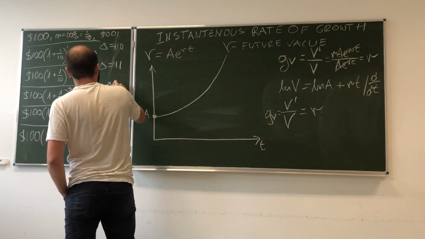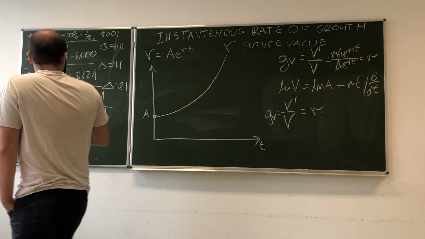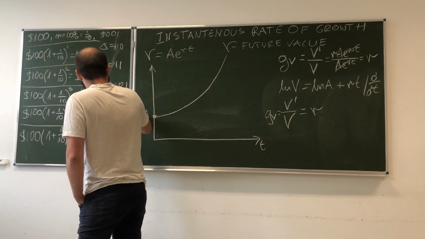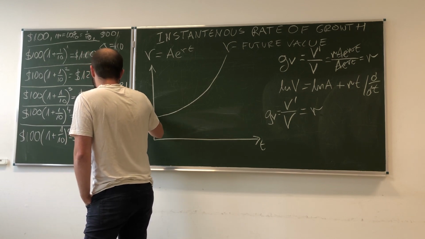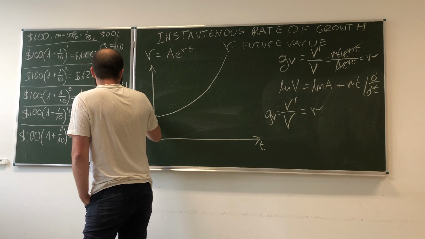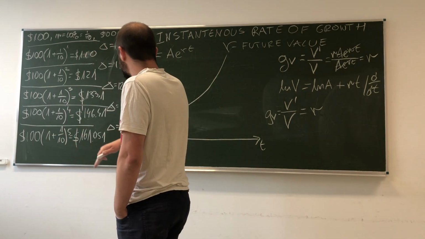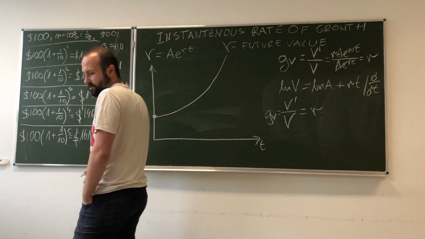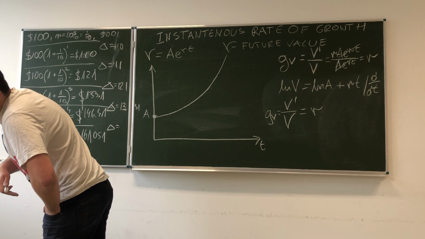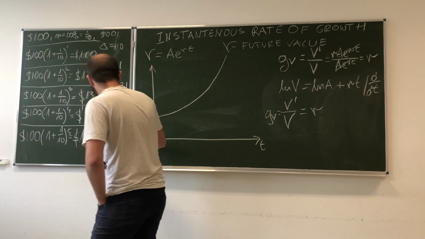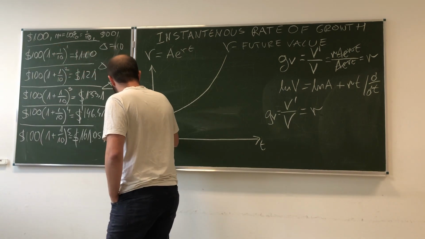Then delta grew to $12.01. Then over here, delta grew to $13.31. And finally, delta has grown to, okay, I'm going to check this one, $16.105.